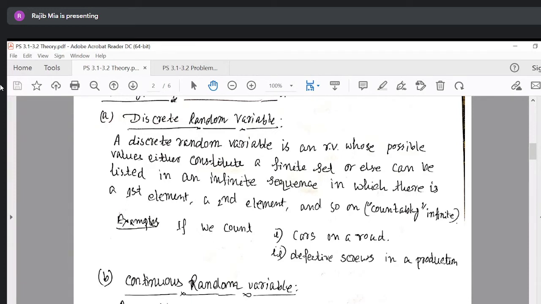I'm talking about a countably infinite set. The set is infinite, but it is countable. I'm not talking about any probability question here, just set theory. Give an example of a set which is countable and infinite.